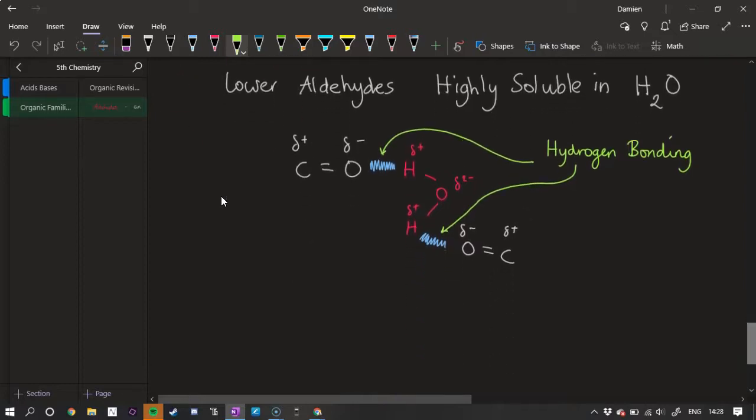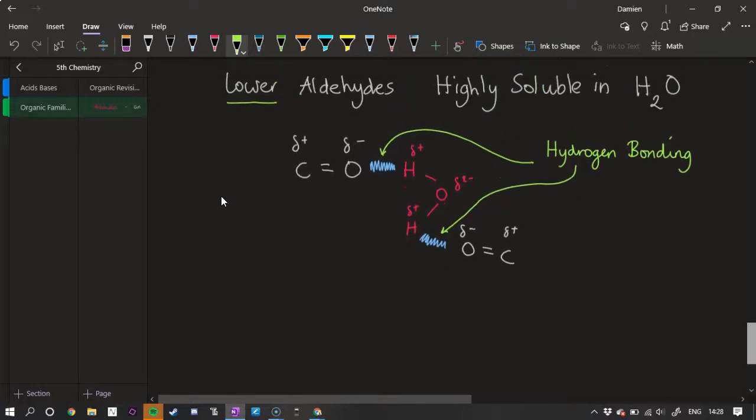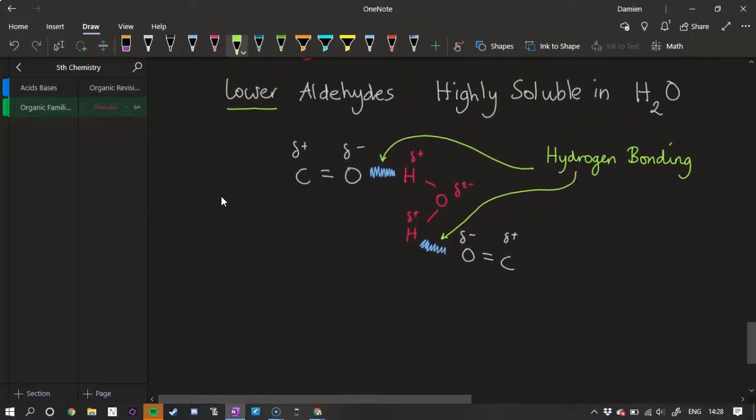Now, the longer the chains, so for example, this is for lower aldehydes. So you're talking about 1 carbon, 2 carbons, 3 carbons. If you move up to 5 carbons and 6 carbons in the aldehydes, they become less soluble. So higher aldehydes are less soluble in water.